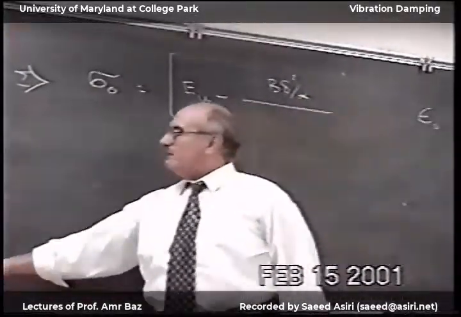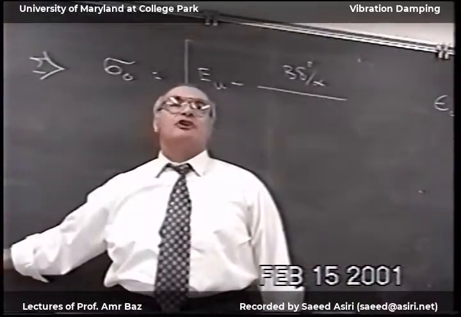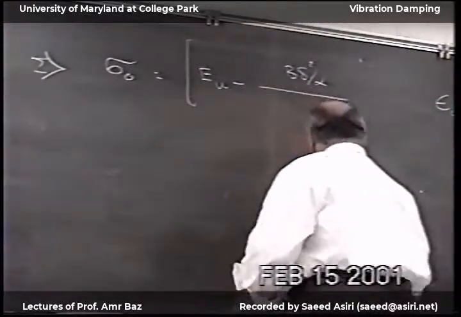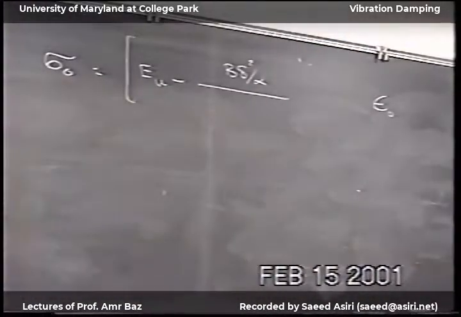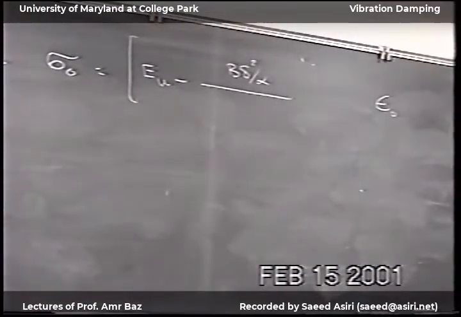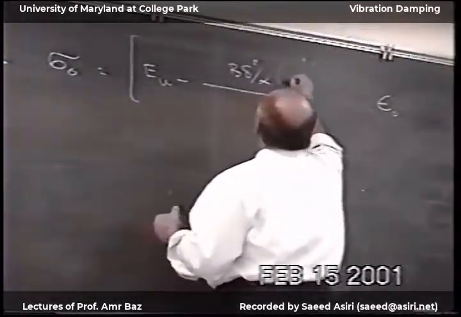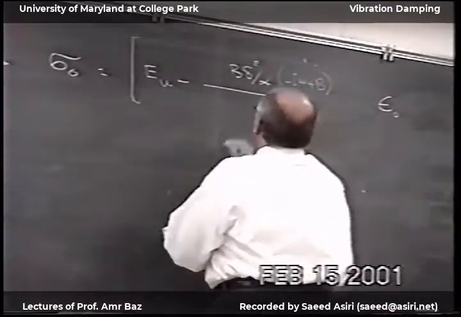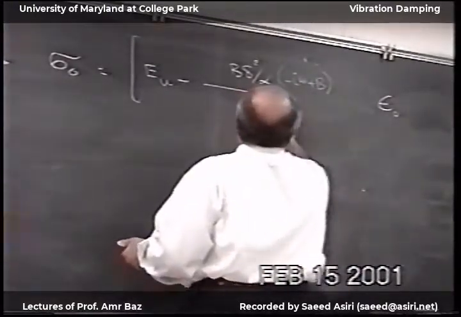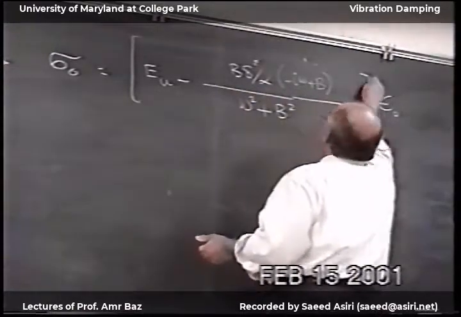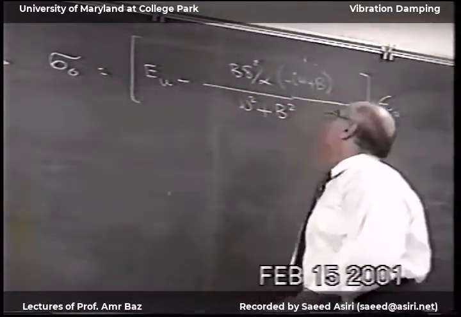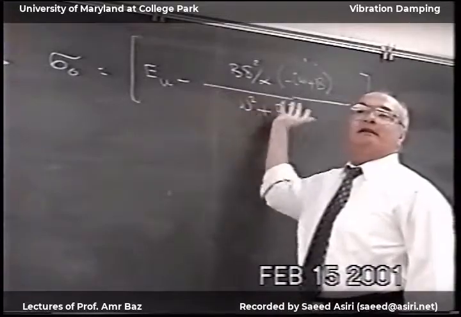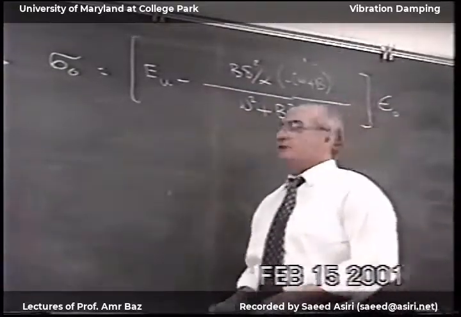So this term I'm going to multiply by the complex conjugate, numerator and denominator. So this will be minus i omega plus B, divided by omega squared plus B squared. Now we have part real, part imaginary.